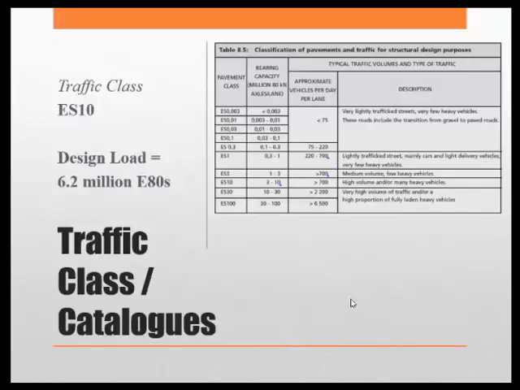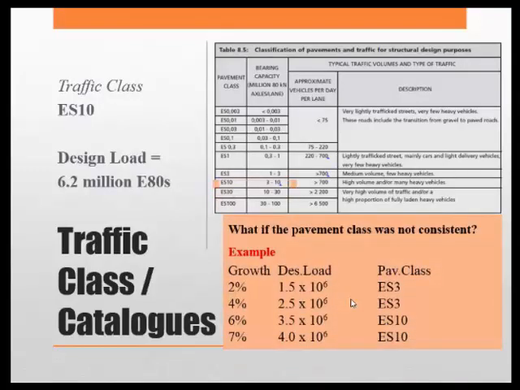This table is revisited to confirm the traffic class is an ES10 due to the bearing capacity of almost 7 million E80s. However, should the pavement class have changed between the various growth rates, for example, from an ES3 to an ES10, then the selected pavement class would have necessitated motivation.